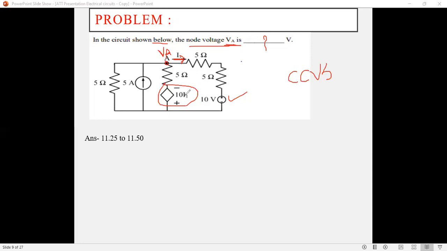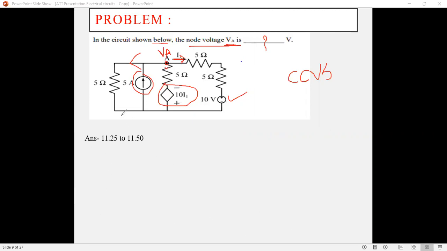Now see, just assign the direction and apply KCL to the top node. Here the direction is given, this direction is also incoming. Just assign this direction and this one, which is the downward direction.